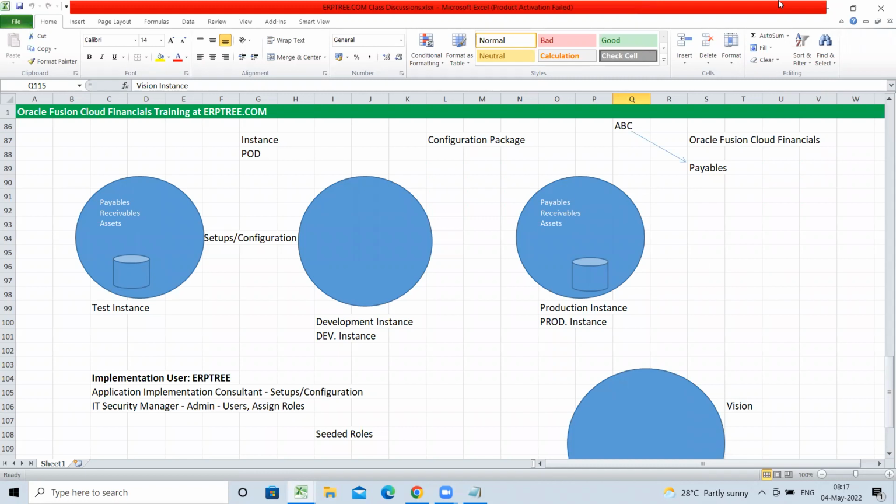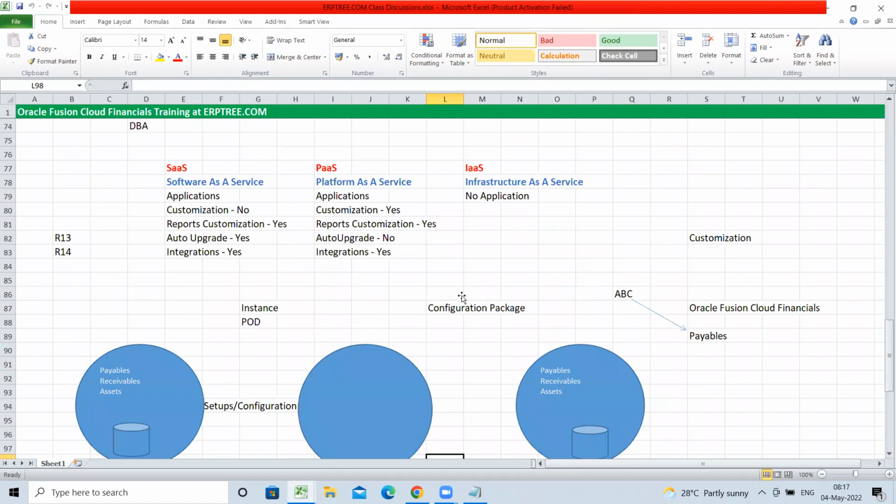Right. Any other questions? No questions. Now, before we start with the application related business process, we have to understand where we are going to stand when we learn these financials applications. We should get that clarity.